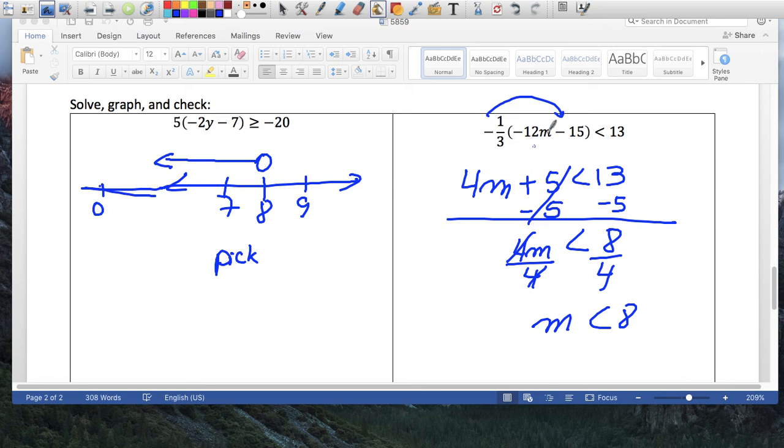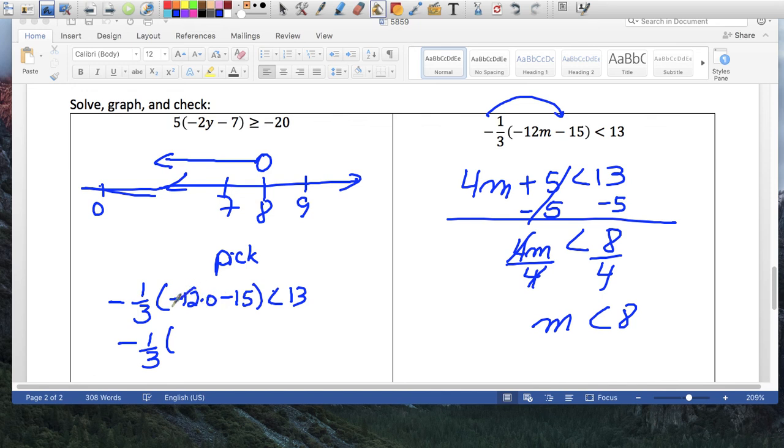So if I go back to that equation, I'm going to give negative 1/3 times negative 12 times 0 minus 15 is less than 13. So let's see if that's true. So I'm not doing the distributive property. I'm going to focus on what's in the parentheses first. So it's negative 1/3. Let's leave that outside for a second.